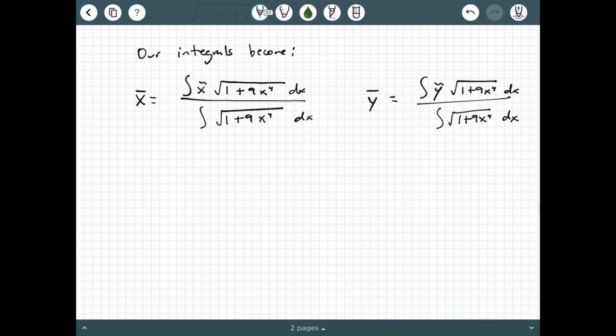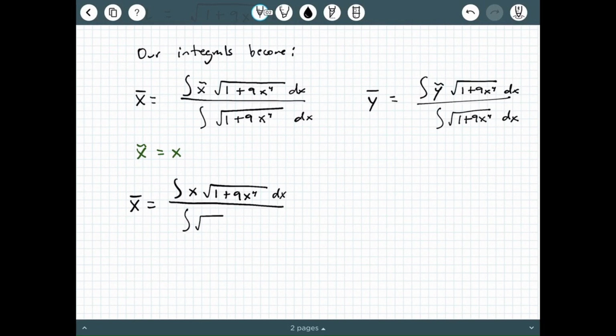So in that case, x tilde becomes just x. Then I can rewrite this as x bar equals the integral of x times the square root of 1 plus 9x to the fourth dx, all divided by the integral of the square root of 1 plus 9x to the fourth dx.